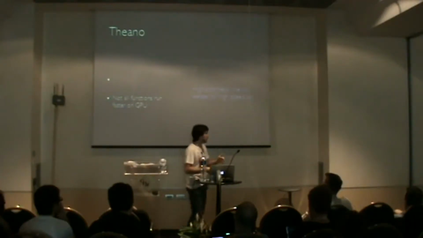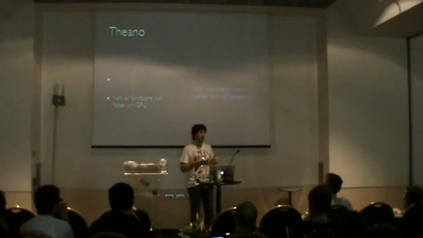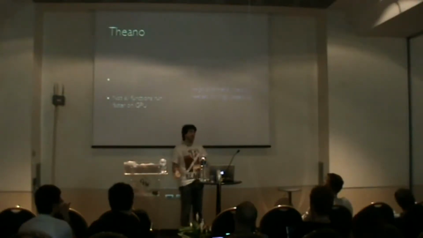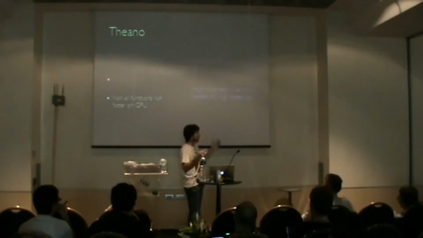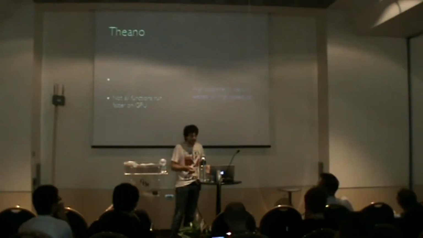But for this presentation, I wrote an example about a convolution, and I was surprised that this convolution was faster on the CPU than the GPU. Maybe I was wrong in writing something, but this is my first impression.